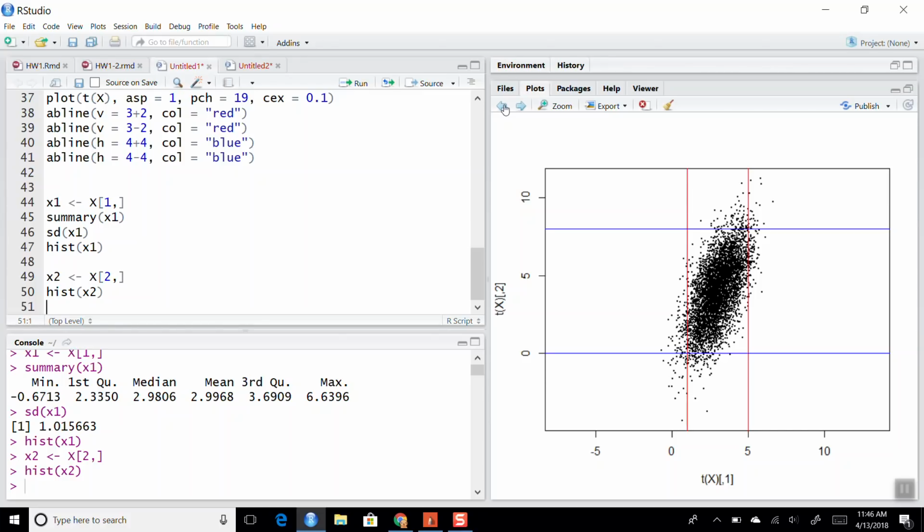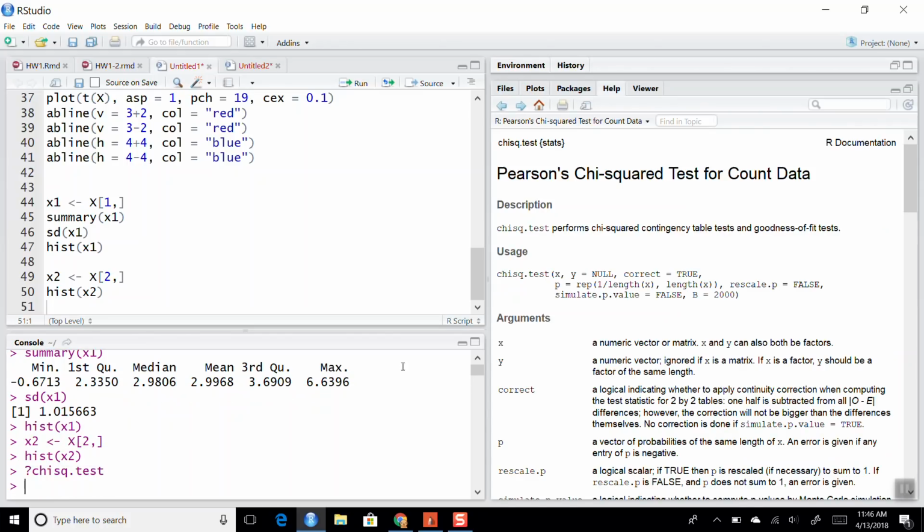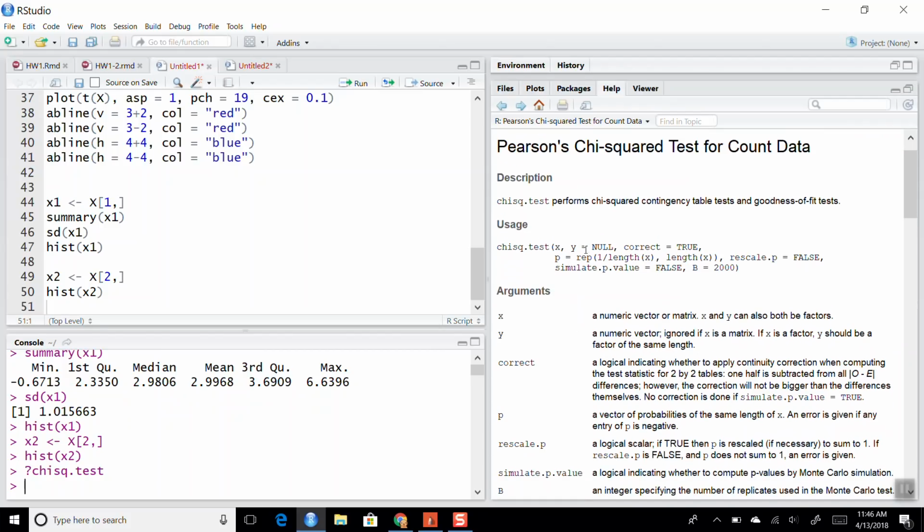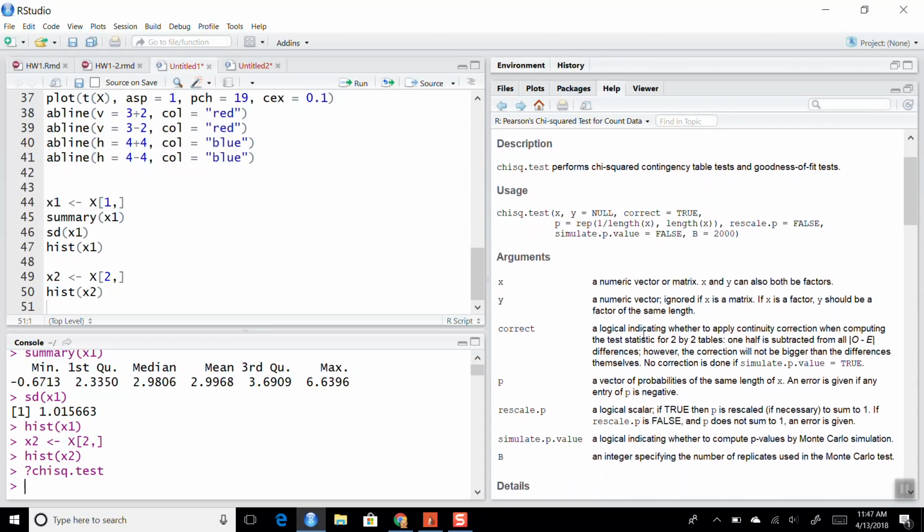vector of probabilities. Whenever something doesn't work when you're trying to do something, always just ask for the help on the function, okay? You can see that the default arguments are x, and then if you give it a second argument, it's expecting it to be y, okay? And both of these are expected to be numeric vectors of counts.